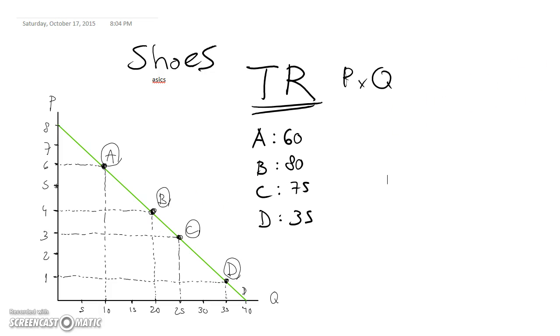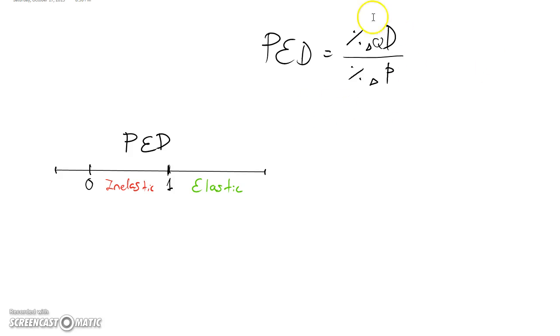But what is really unit elasticity? Well, the formula for price elasticity of demand is the percentage change in quantity demanded over the percentage change in price, and that is equal to the PED.